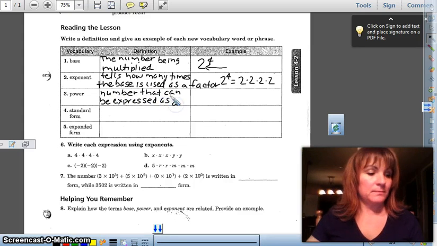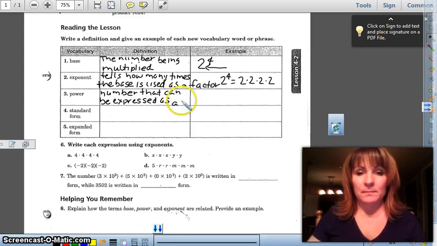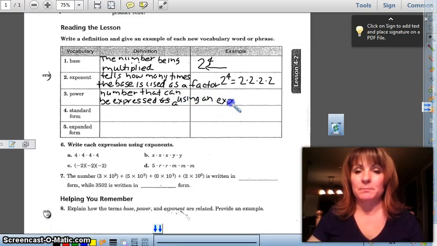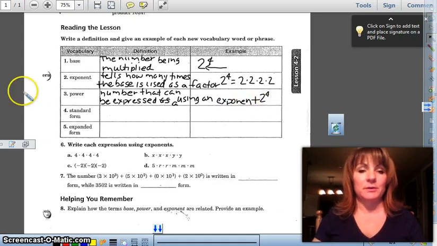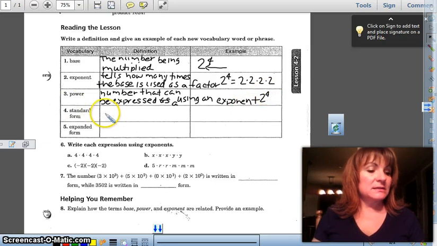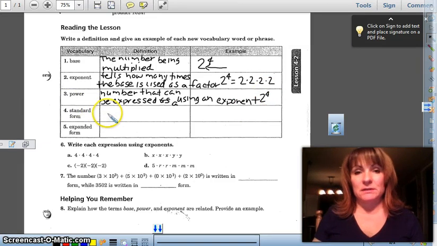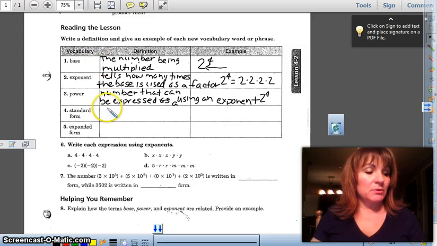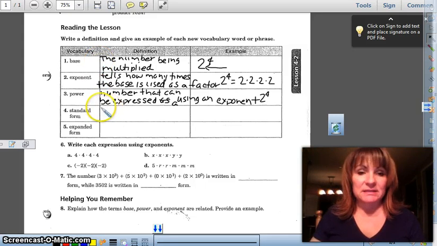Okay, so 2 to the 4th is a power. Standard form is when you actually solve it. So standard form would be the answer after you figure out the power. So a number that contains no exponents would be in standard form.